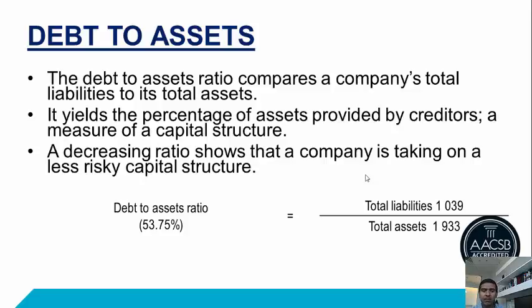Debt funds 53.75% of your assets. If liabilities, debts, fund 53.75% of your assets, how is the other 46.25% funded? Well, it must be funded by equity. You think about the formula, assets equals liabilities plus owner's equity. If liabilities fund 53% of assets, equity must fund the other 46%.